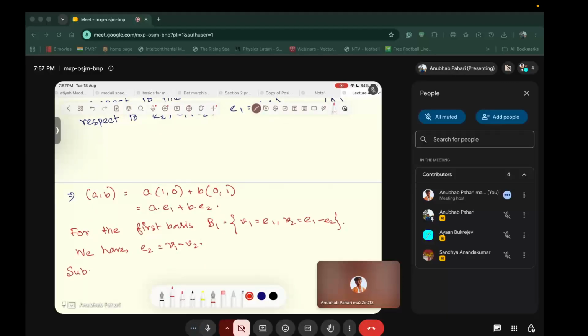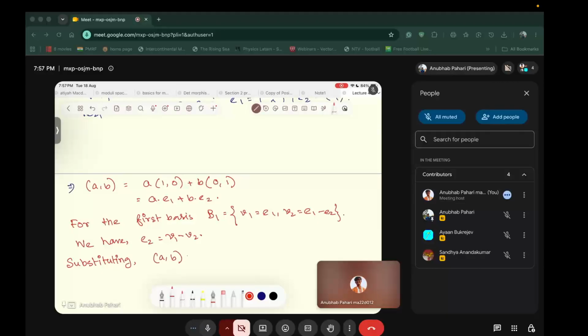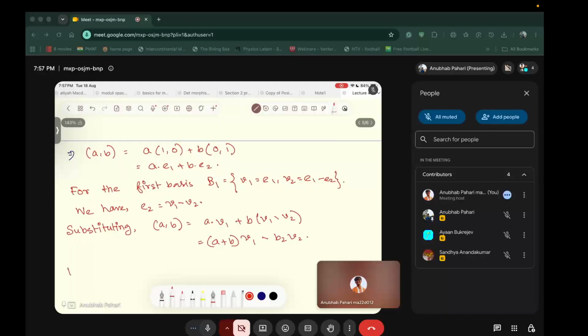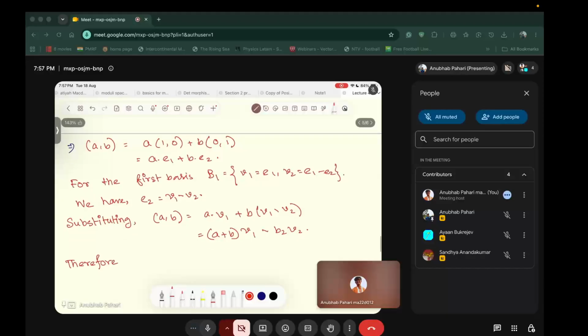Now substituting, (a, b) is a of v1, putting v1 in place of e1, and b of v1 minus v2 since e2 is v1 minus v2. You can write it as a plus b of v1 minus b of v2, right? Therefore the coordinates are (a plus b, minus b).